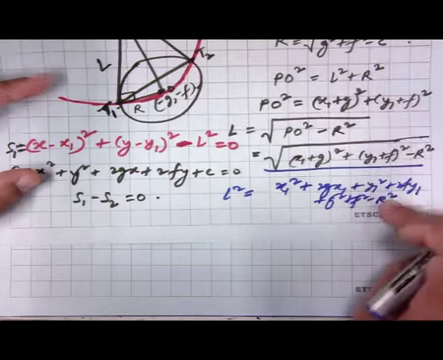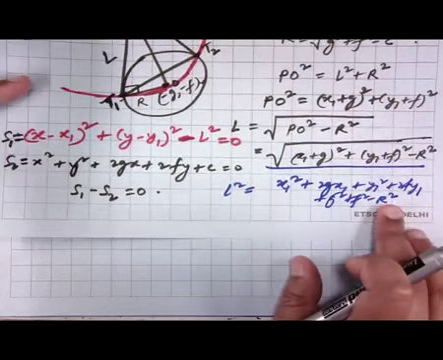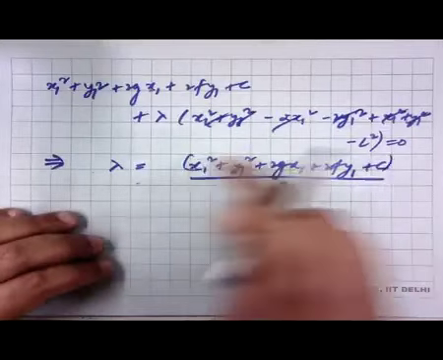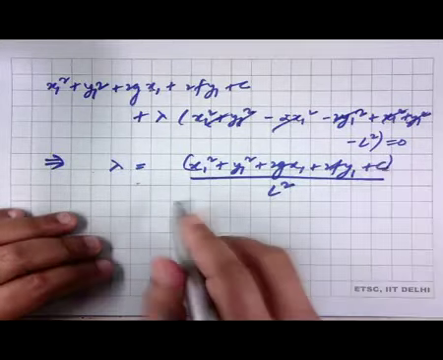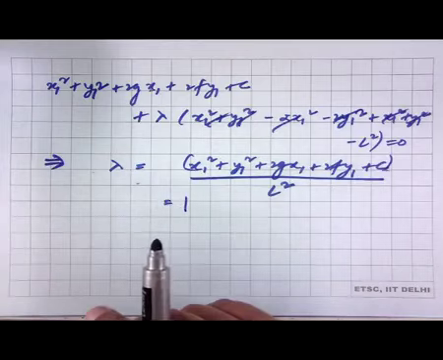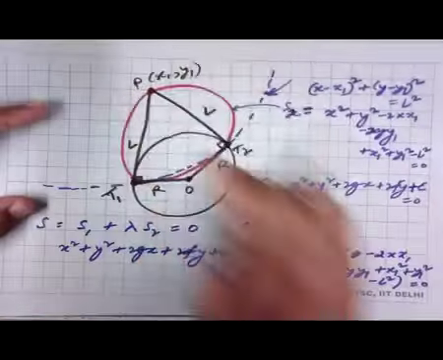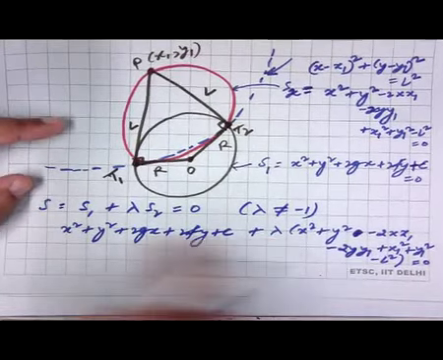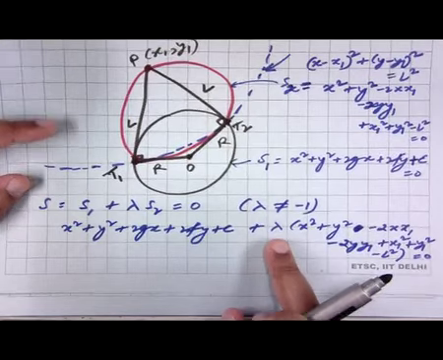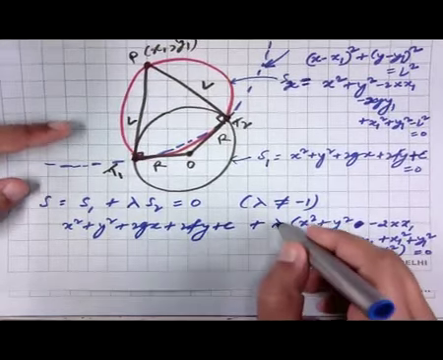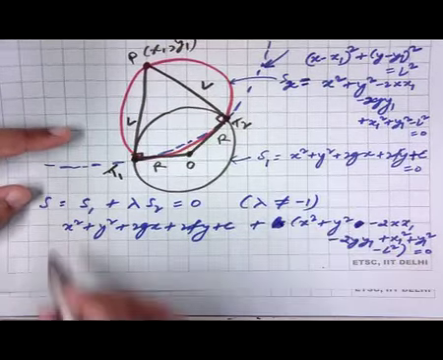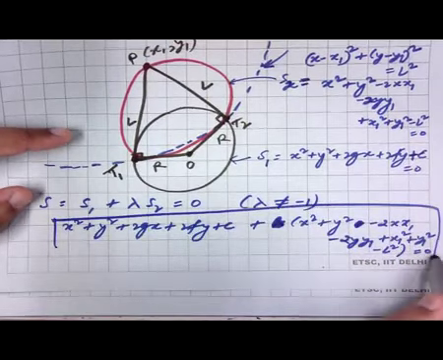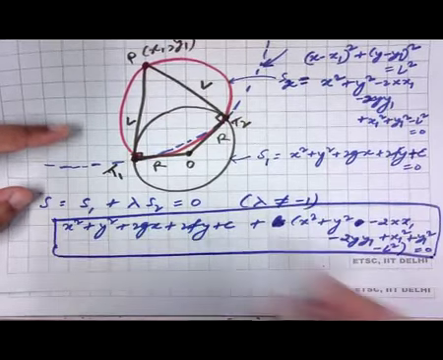If we use that here, what we will see is that this numerator is L square, and therefore, lambda equal to 1. Hence, the equation of this red circle is nothing but we just need to put lambda equal to 1 in this equation, and therefore, this is the equation of the red circle. Thank you.